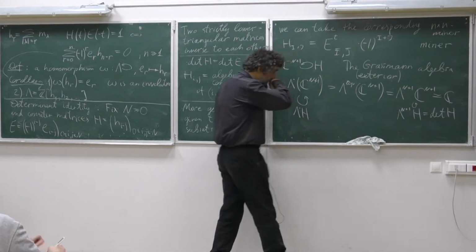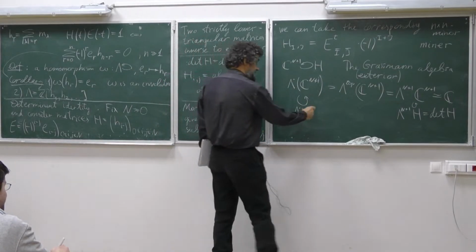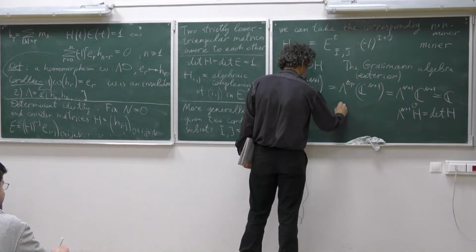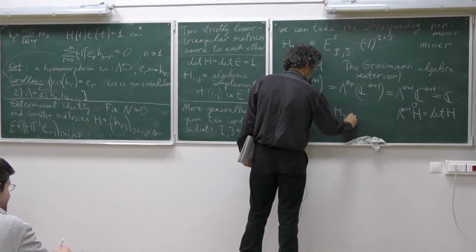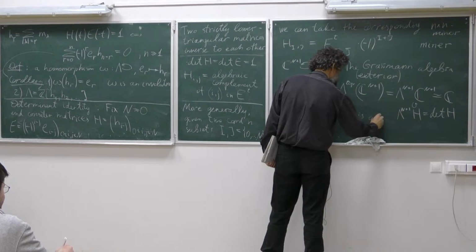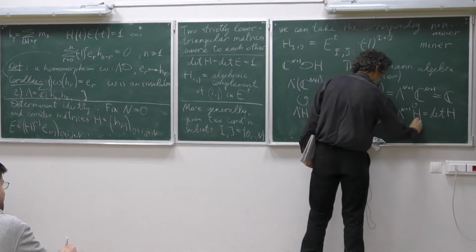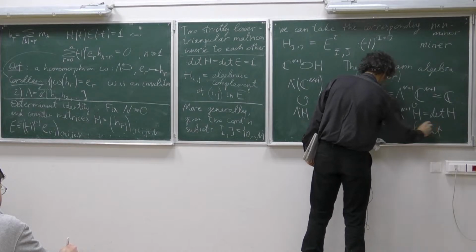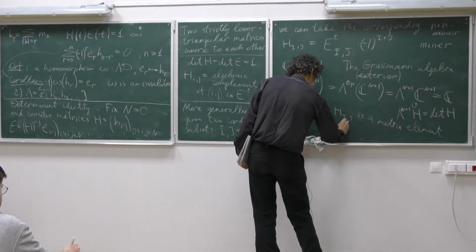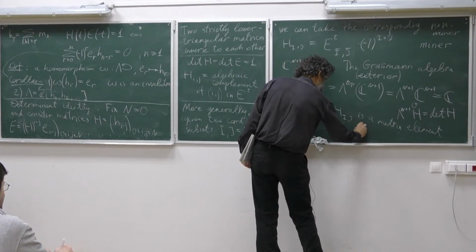Okay, and so H I J is a matrix element over lambda n h.